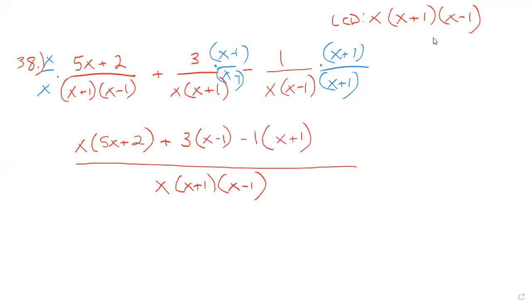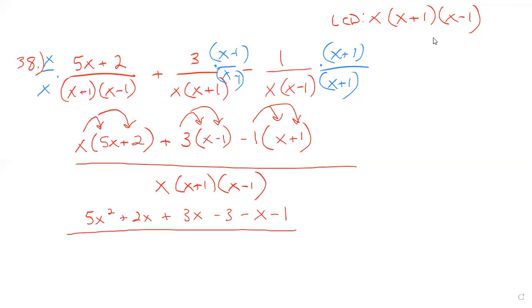We are now going to clean this up. I'm going to distribute out my x, my positive 3, and my negative 1. If I multiply, I've got 5x squared plus 2x plus 3x minus 3 minus x minus 1 all over that common denominator.